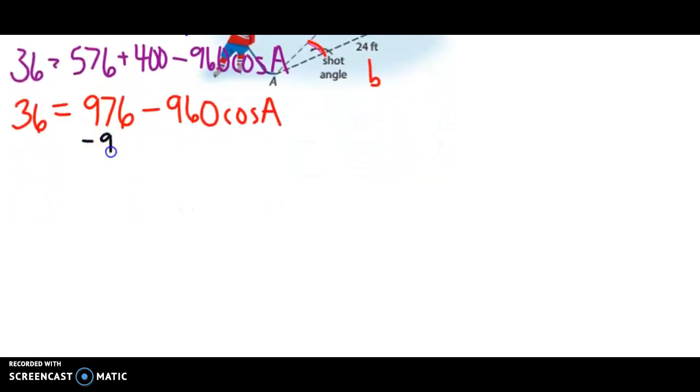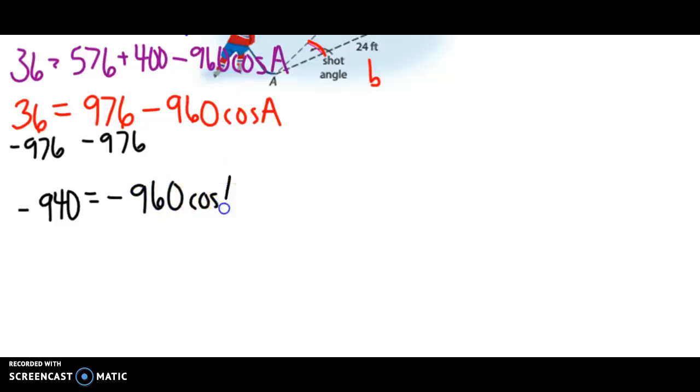I can subtract 976 from both sides of my equation, and I get negative 940 is equal to negative 960 cosine of A. To get cosine of A by itself, I divide both sides by negative 960.